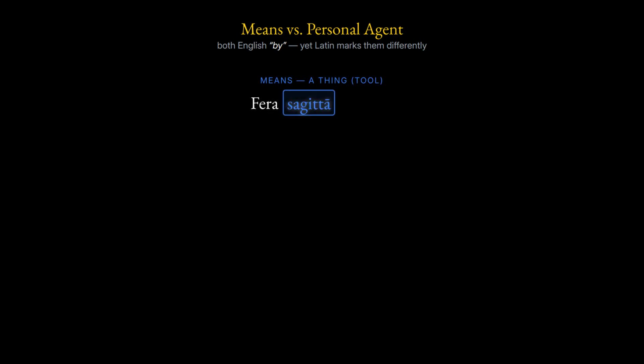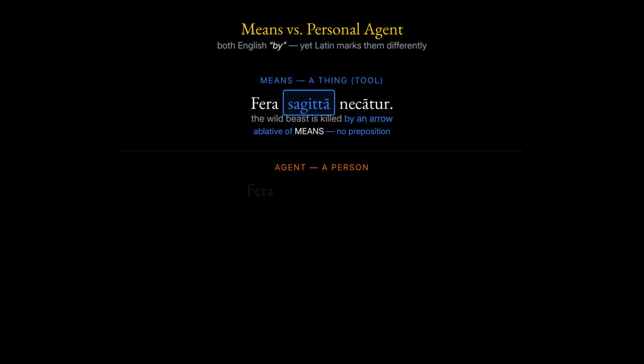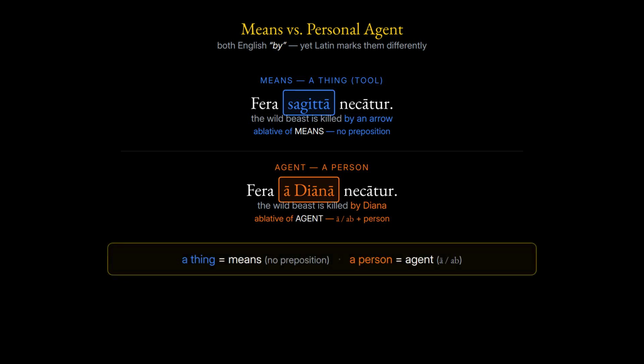Fera sagitta necatur. The wild beast is killed by an arrow. The arrow is the means, a bare ablative, no preposition. Now killed by a person. Fera a Diana necatur. The wild beast is killed by Diana. Diana is the agent, so the preposition returns. Remember the rule. A thing needs no preposition. A person always takes one.